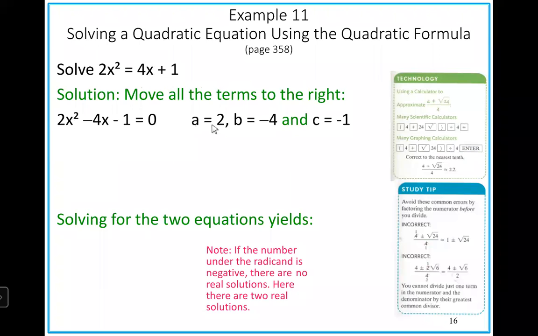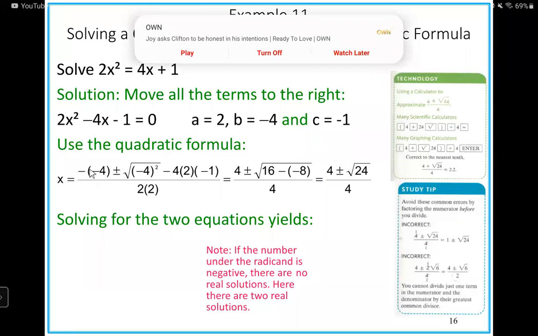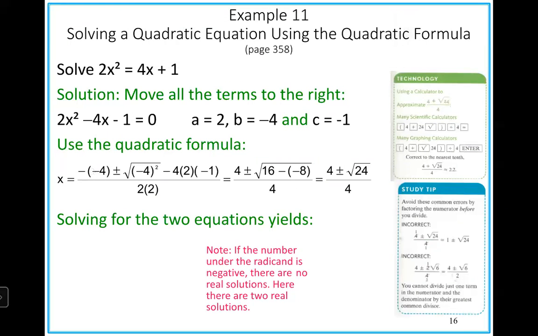Once you get that, you know that A is equal to 2, B is equal to -4, and C is equal to -1. From there, you use the formula and substitute the values. This was supposed to be -B, but B was -4, so we have 4 plus or minus.